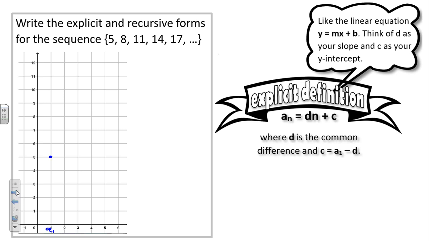Our second term, a sub 2, is up here at 8. Our third term, a sub 3, is way up here at 11. A sub 4 would be at 14. Okay, so do you notice something about these? It forms that line, right? So there'd be a 14 up here somewhere too. Okay, I went a little crooked, but you got the idea.